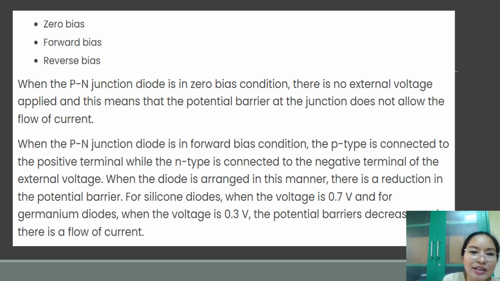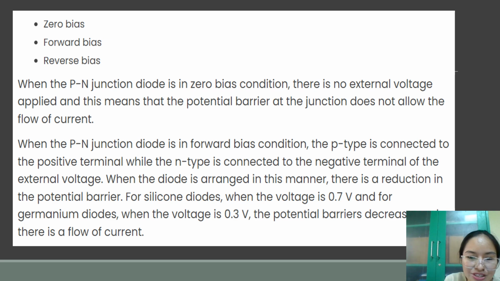With the p-n junction diode in zero bias condition, there is no external voltage applied. So meaning there is no potential barrier at the junction and it does not allow the flow of current. But in the p-n junction diode forward bias condition, the p-type is connected to the positive terminal while the n-type is connected to the negative terminal.